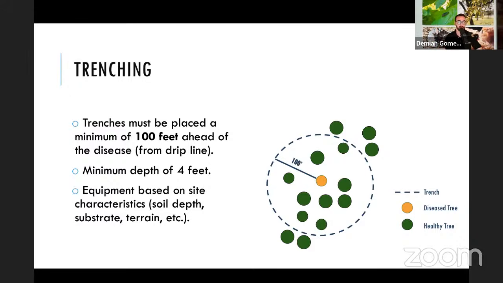So we count 100 feet from the last diseased tree, and that's where we place the trench. And typically that is going to be at a minimum depth of 4 feet. In some cases, if we have deeper soils, we have to go deeper. Depending on location, soil depth, substrate, etc., we definitely are going to have to adjust even the equipment that is being used.